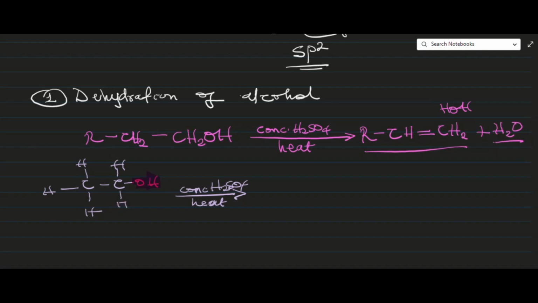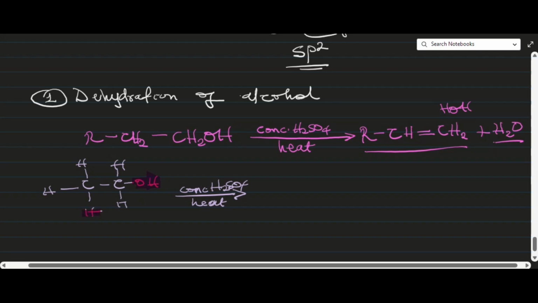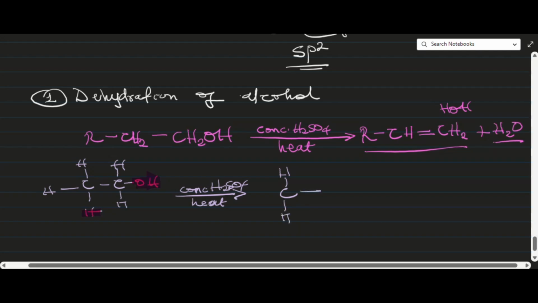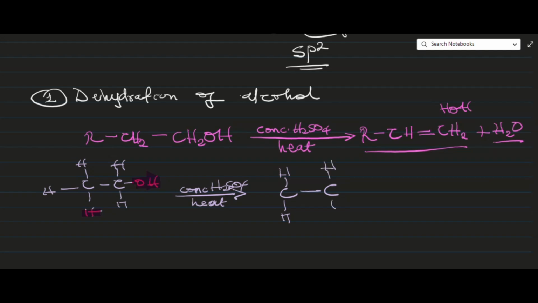So one will give the OH, the other carbon atom will give the H. So our product is going to be carbons that have only two hydrogen atoms left each. When it's like this, it means it's supposed to be a double bond here.